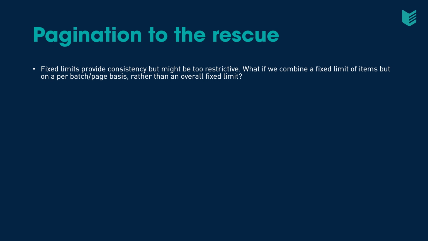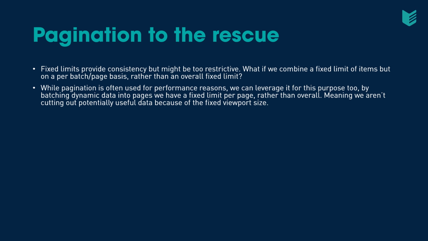And while pagination is used for performance reasons on websites, basically splitting large data, we can really leverage it here because the fixed limit problem is purely on a displaying all at once basis. So with pages, we no longer have the problem of trying to fit all of those items in one space.